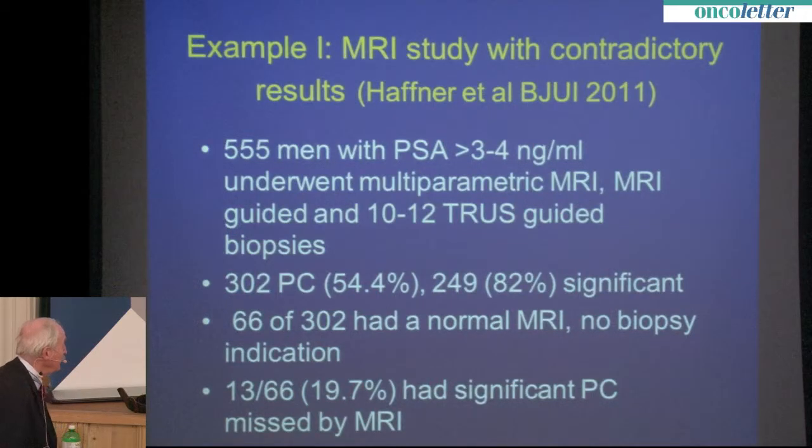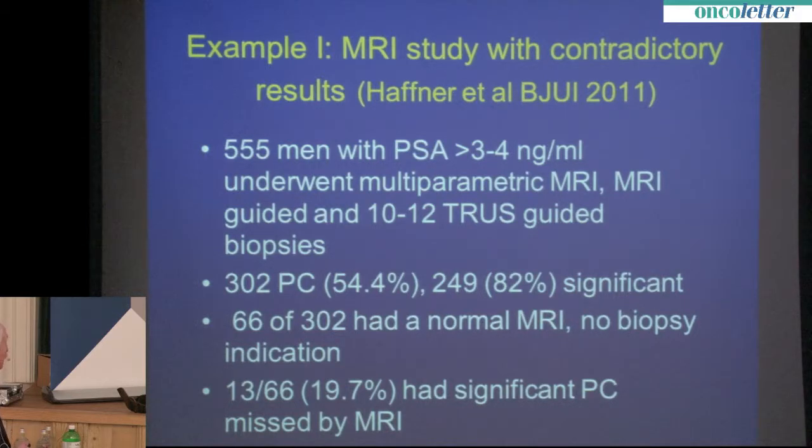So I'd like to refer to two studies on the MRI. This is the Lille study reported by Dr. Hafner, and it has included 555 men with a PSA above 3 to 4. They all underwent multiparametric MRI and MRI-guided and 10 to 12 TRUS-guided biopsies.